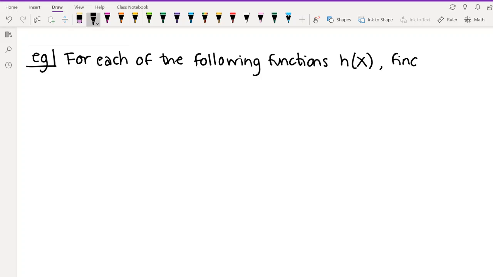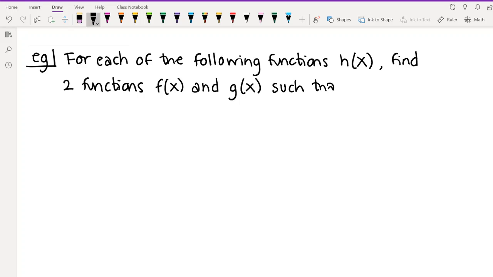We're going to find two functions f of x and g of x such that we can rewrite that function as f composed with g of x. So we're kind of working backwards.